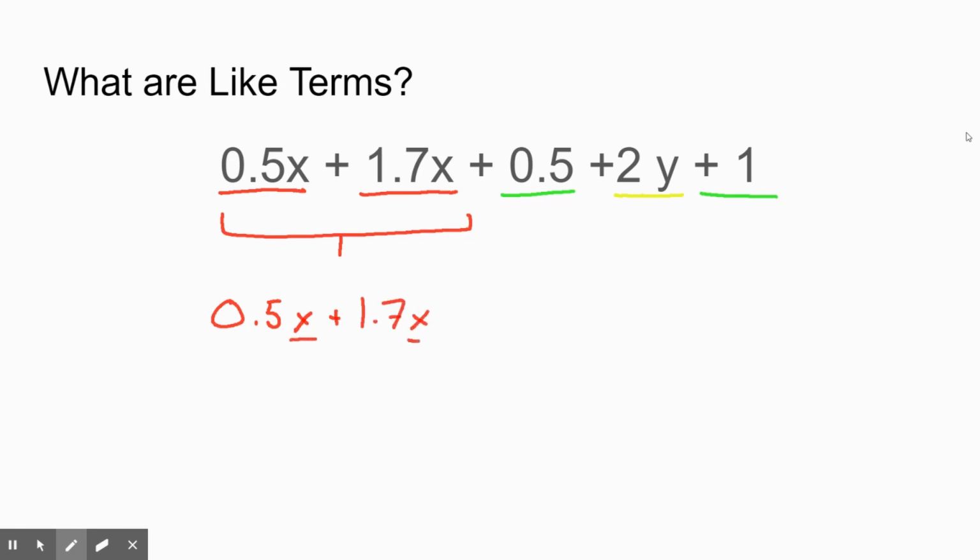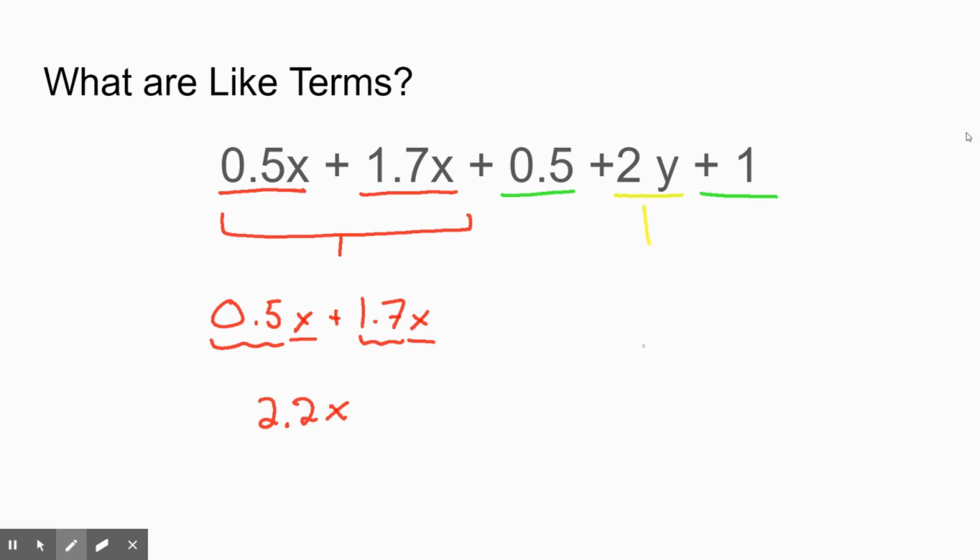Because the terms are the same, the x's will stay the same, and we just have to add the coefficients. So 0.5 plus 1.7 is going to be 2.2, and we still have our x.